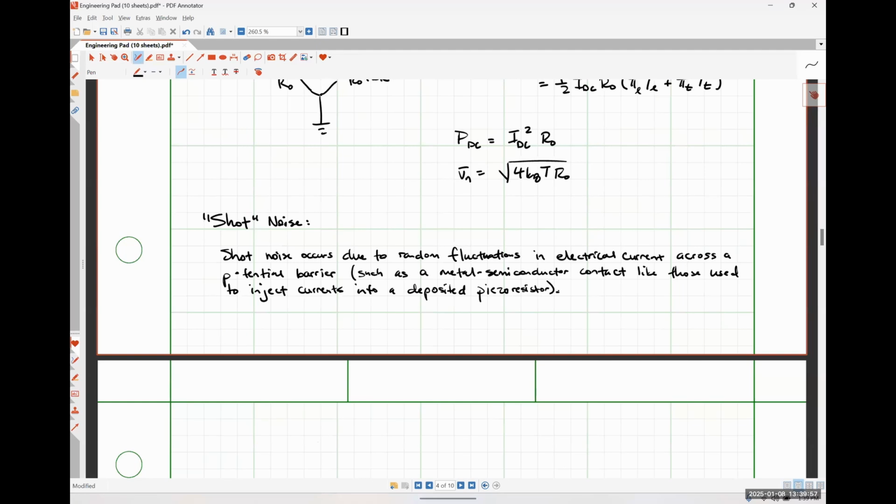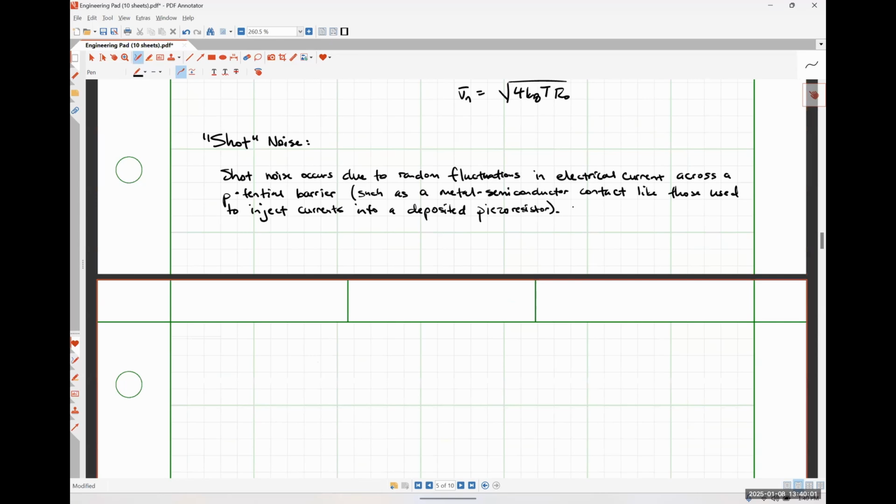Okay. So this shot noise is mathematically modeled as a current noise of the square root of 2q times I, where q is the charge of an electron and I is the amount of current.